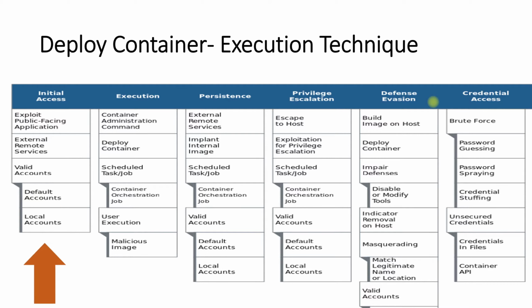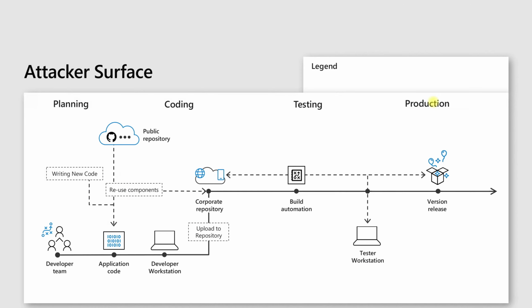In our case, we have an exploited public application, which will lead to a foothold on one of the containers. Because the container is misconfigured, we will use these misconfigured privileges to deploy a new container.